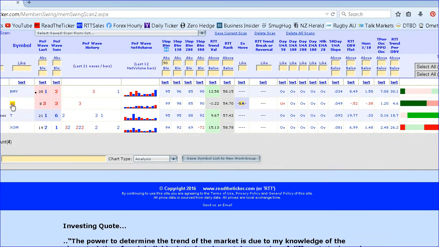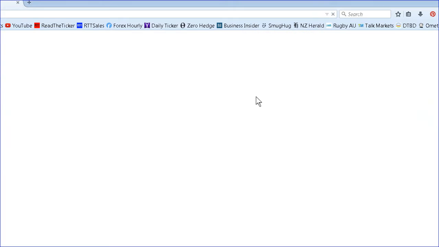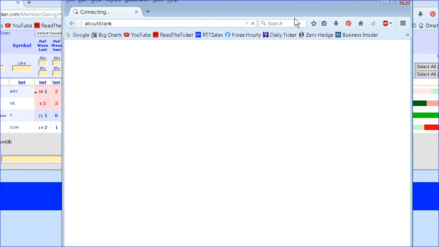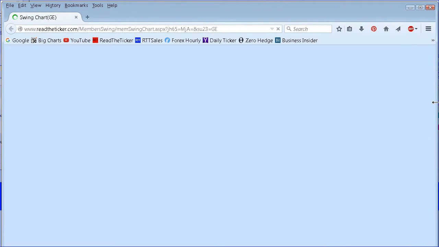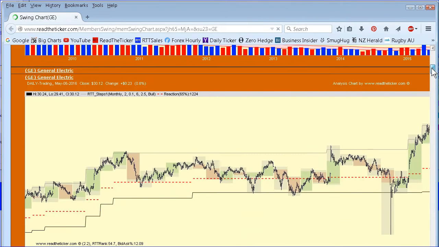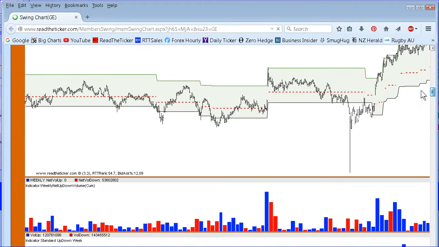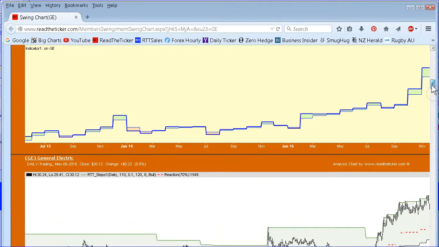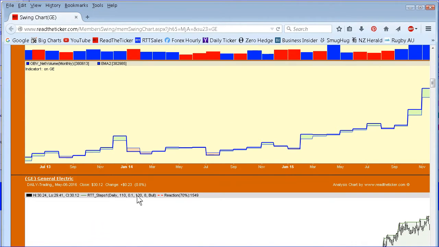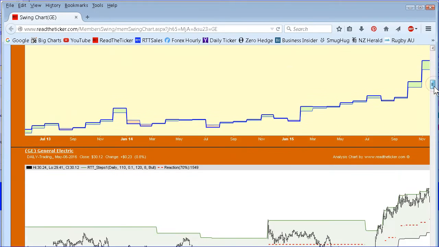Here we have GE. I'll bring that up. Okay, so the same indicator, 110.1, 128 bull.